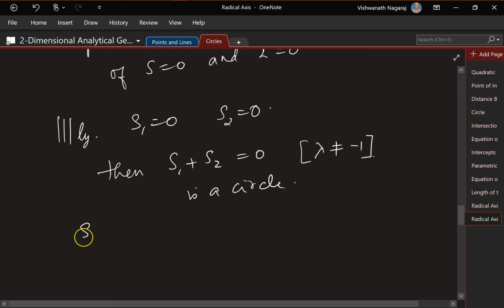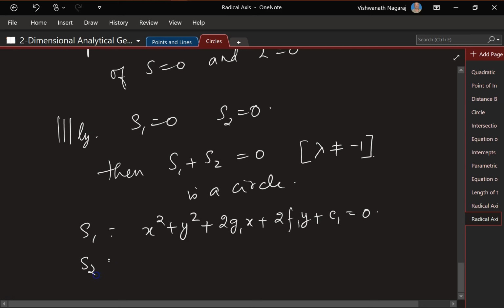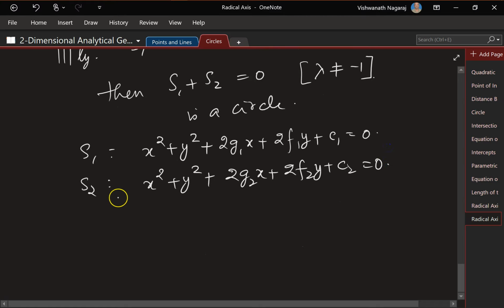Okay, let's see. Let S1 be x square plus y square plus 2g1x plus 2f1y plus c1 equal to 0. S2 is, let's say, x square plus y square plus 2g2x plus 2f2y plus c2 equal to 0. So here, as you can see, S1 plus S2, sorry, this should be S1 plus lambda S2, missed that.